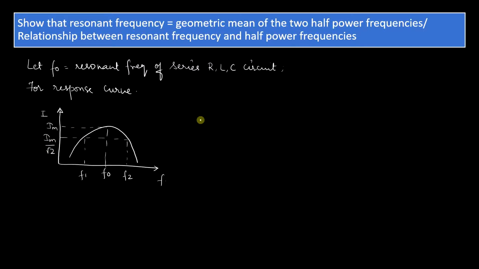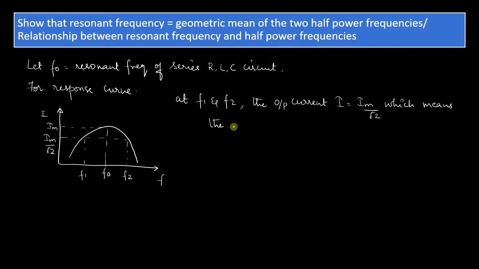So from the response curve at frequency F1 and F2, the output current is equal to Im by root 2, which means the magnitude of the impedances is the same at this point.